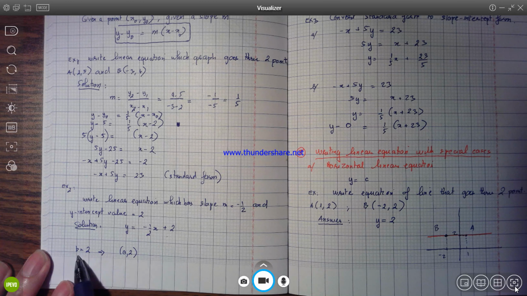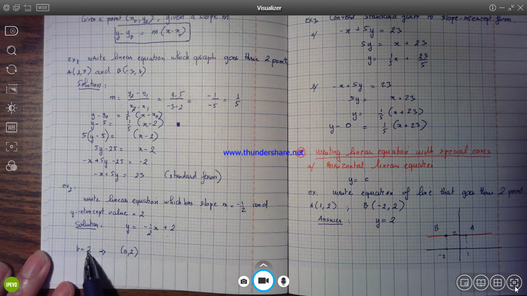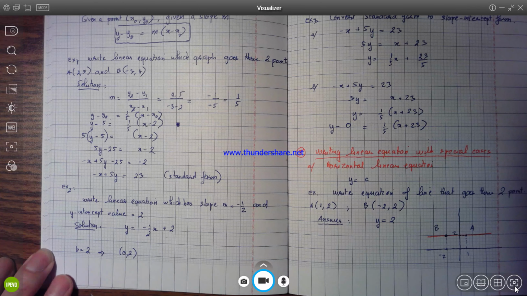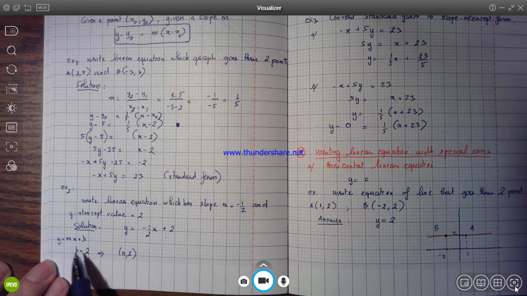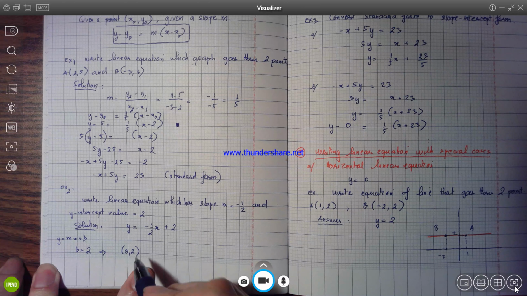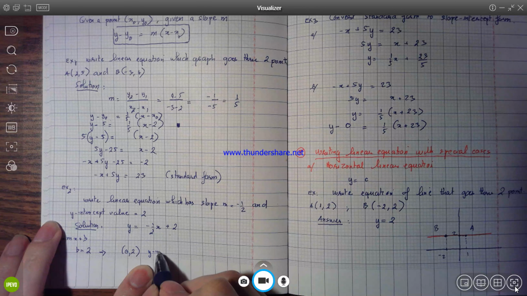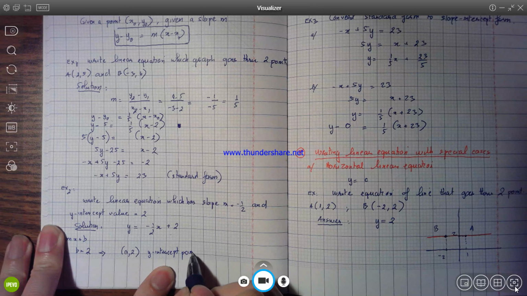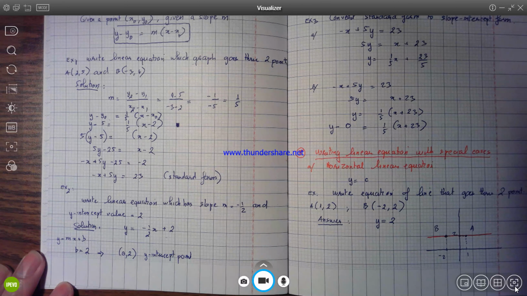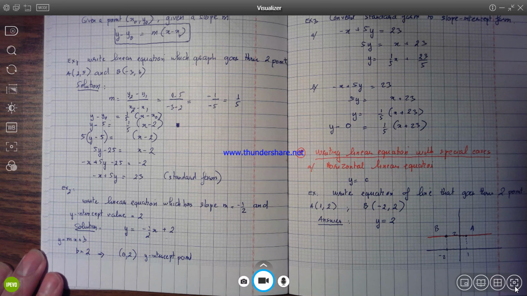It means b equals 2. Remember the formula, y equal to mx plus b. It means your b over here is 2, and if b is 2, I can get the y-intercept point. So this is the y-intercept point, it's (0, 2).